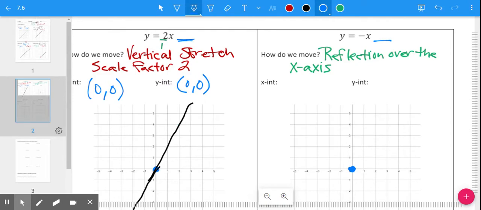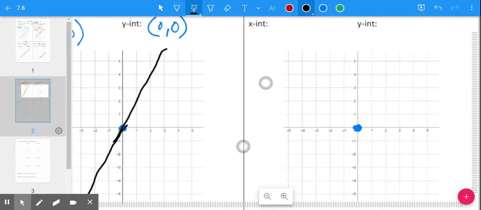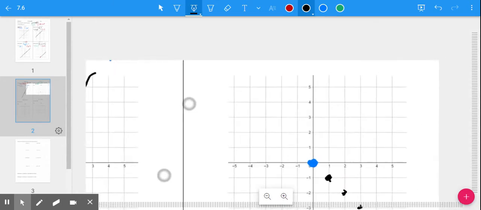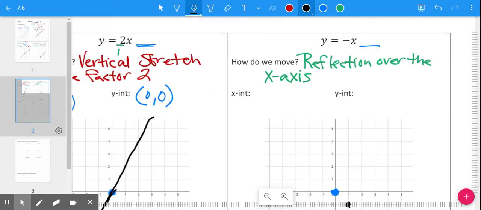But because this was reflected, instead of going up and to the right, now we're going to go down and to the right. So that it is a reflection of the parent function. Also, if you look at your equation, we have a slope of -1.